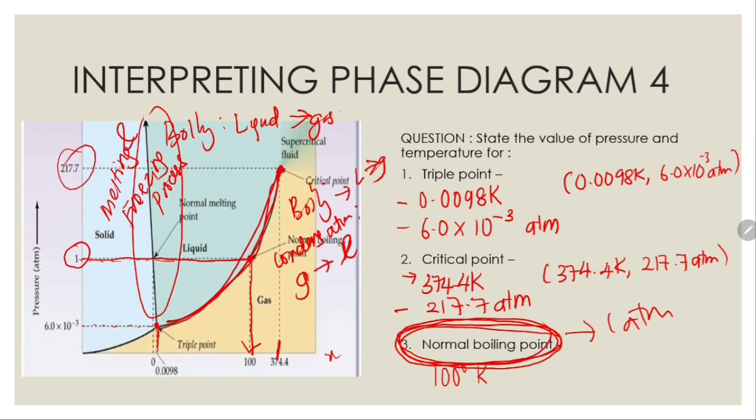And between the solid and gas equilibrium line, this is for the sublimation process, a transition from solid to gas, and deposition if it's from gas to solid.